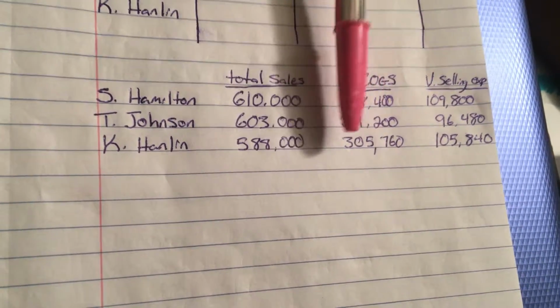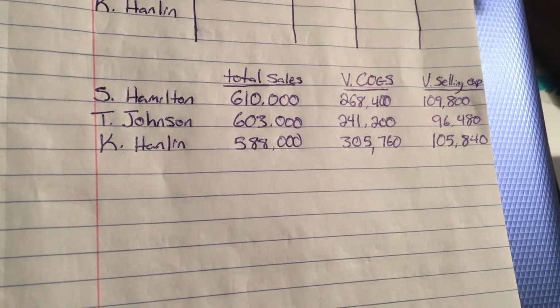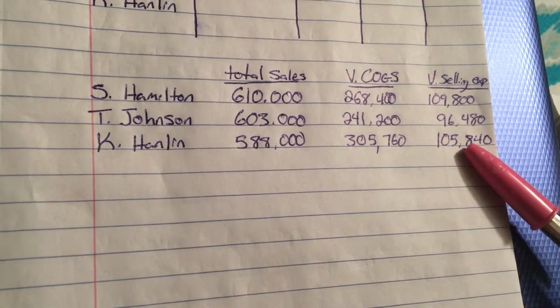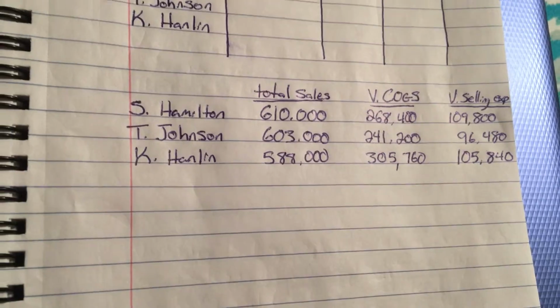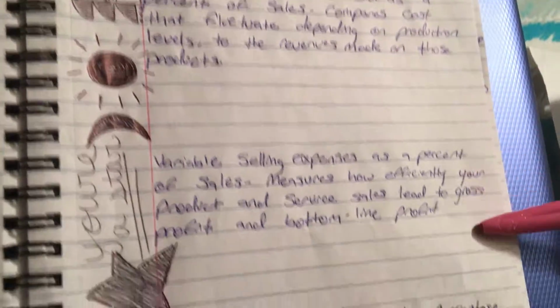Her variable costs are $305,760, and her variable selling is at $105,084. As you do this problem, I want you to remember the definitions I provided you with.